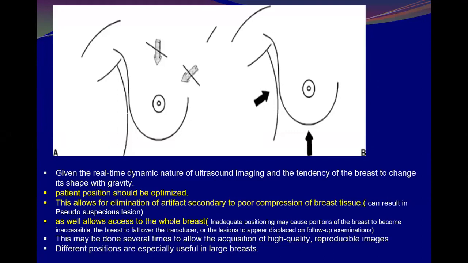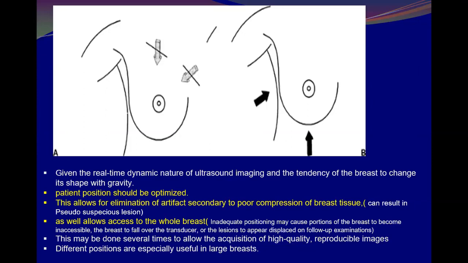The optimization of patient position is essential. Why is it essential? We need to put the breast in a position that can be compressed, thinned out, to avoid artifacts and missed lesions.